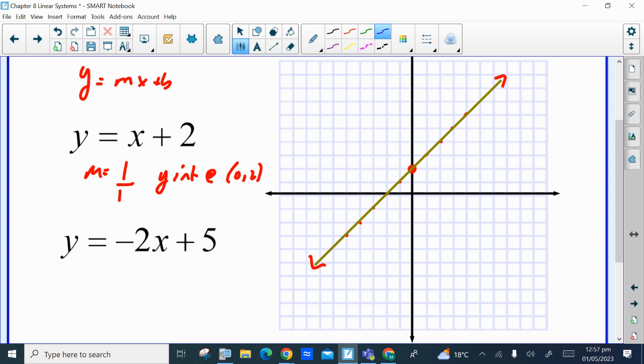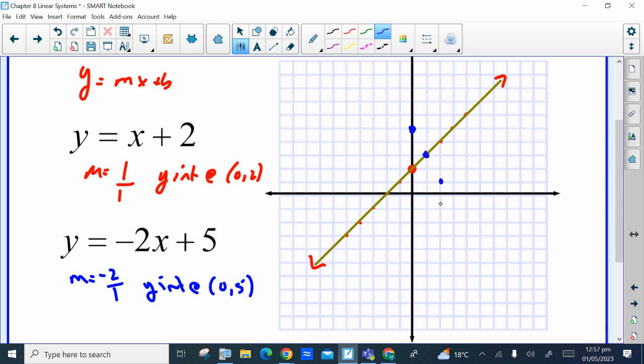And the second line, y equals -2x plus 5. So that's m, our slope of -2 over 1. And our y-intercept. Again, that's where the graph crosses the y-axis. The x value is always 0. We start at the point 0, 5. And then we rise -2 and run +1.